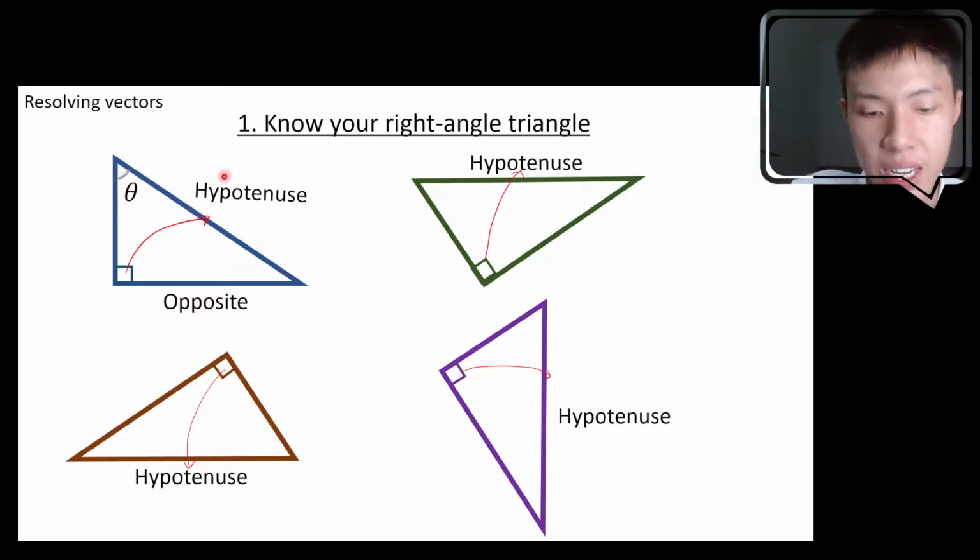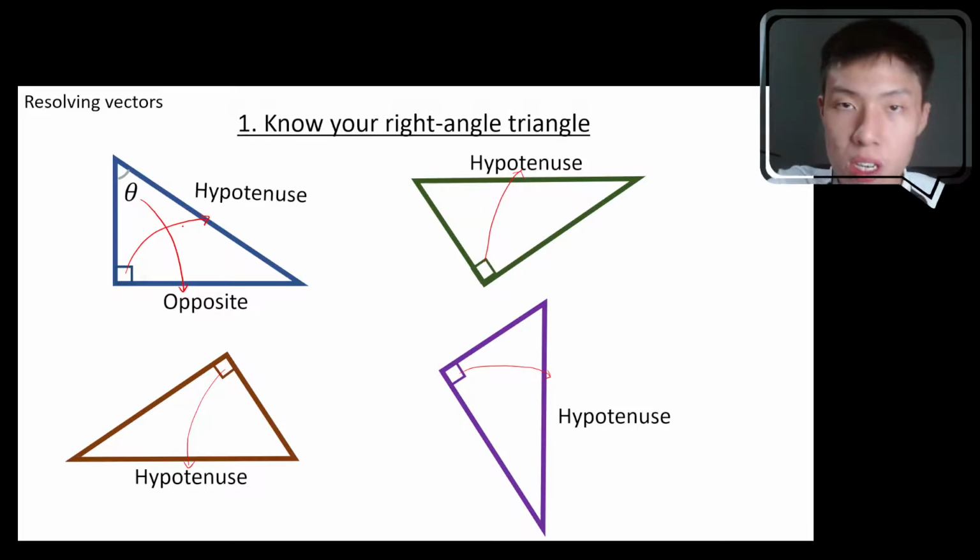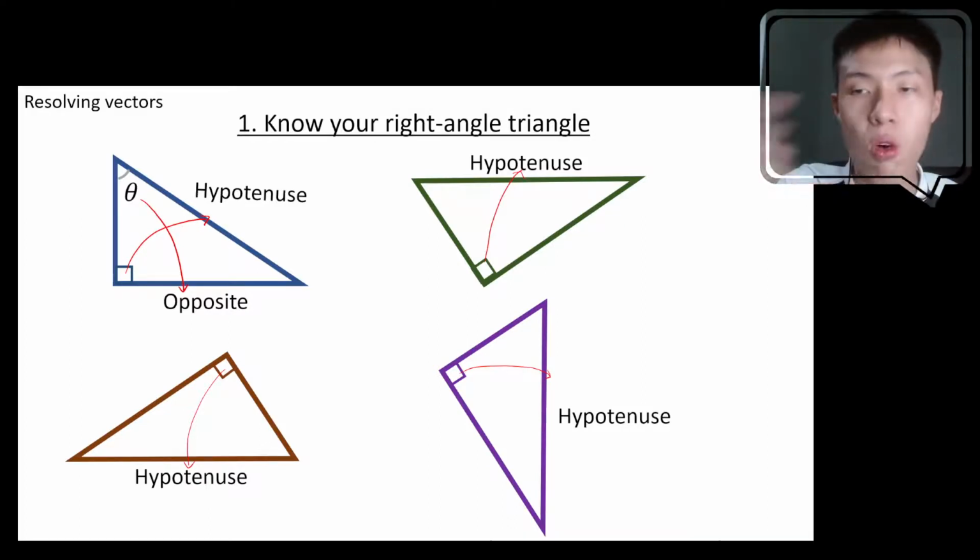The opposite side, as the word says, means you must be crossing the triangle, opposite the angle. The angle is here, you go opposite the angle, that's the opposite side of the triangle.